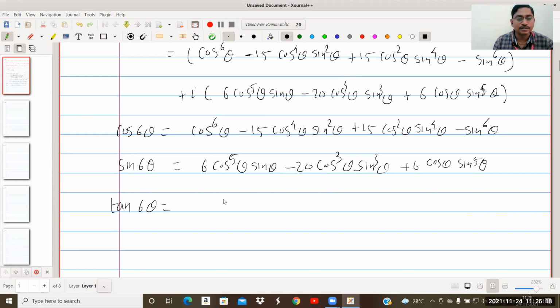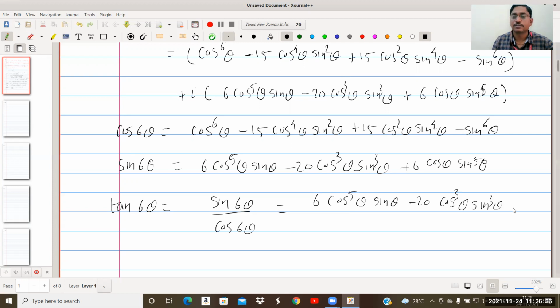Okay. Now you write tan 6θ from this. What is tan 6θ? It is sin 6θ divided by cos 6θ. So for sin 6θ, I will write here 6 cos^5 θ sin θ minus 20 cos^3 θ sin^3 θ plus 6 cos θ sin^5 θ.